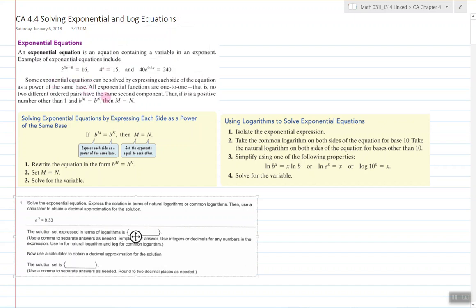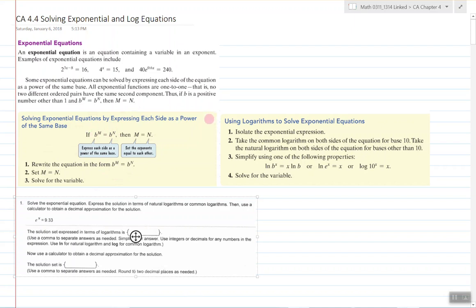That actually is a little rare to get that kind, and I'm not sure that we're going to have any in our exercise. If we do, I'll come back and talk about this, but it is a rather unique way, and it only works if you have the same base or can express each side with the same base.